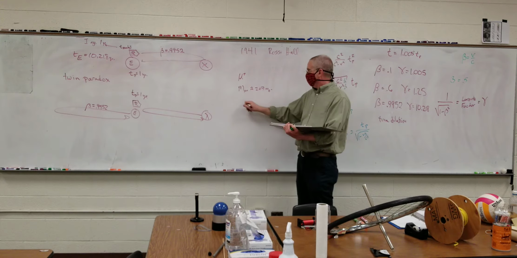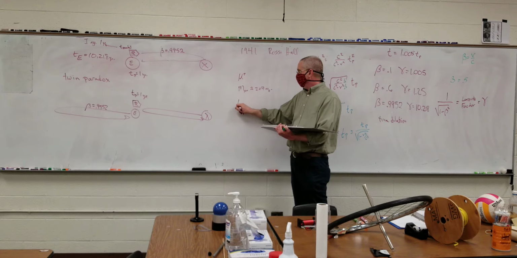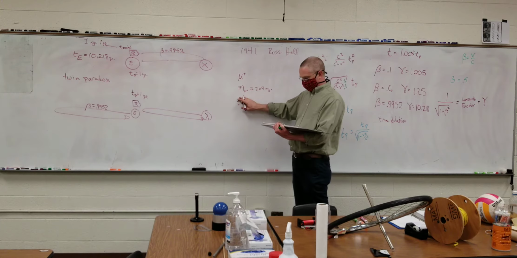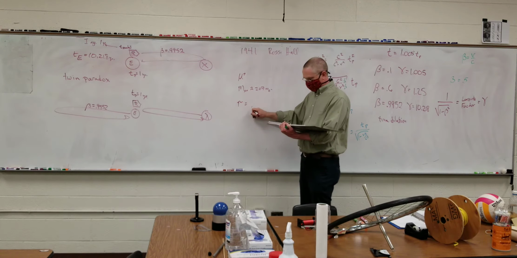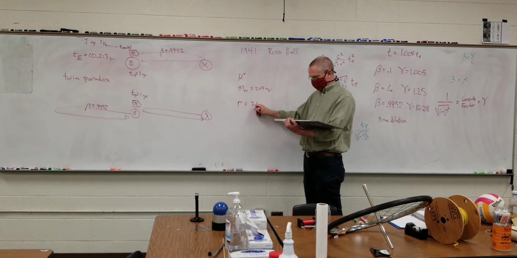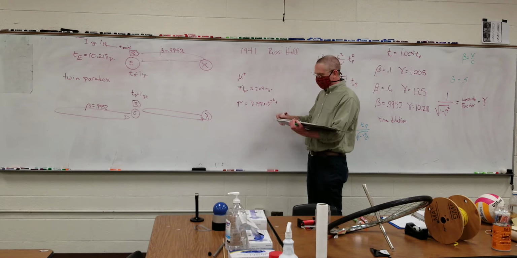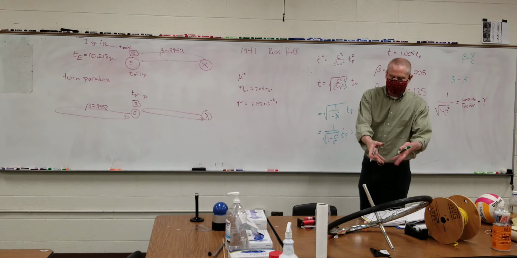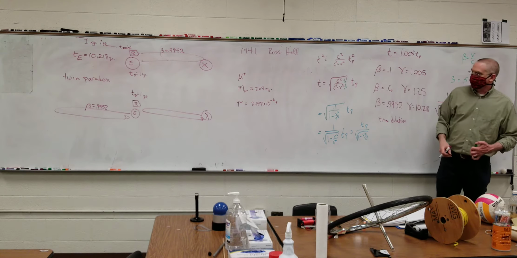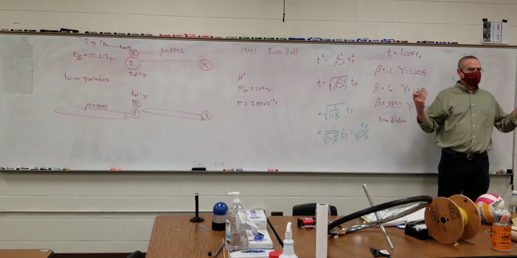Here we go, mean lifetime. The mean lifetime is 2.197 times 10 to the negative 6 seconds. So if I had a bunch of muons sitting here on the table, in a little more than 2 microseconds, half of them would be gone.